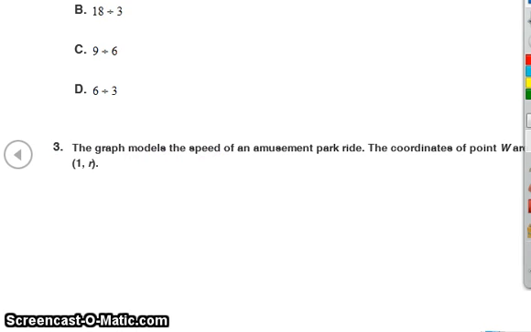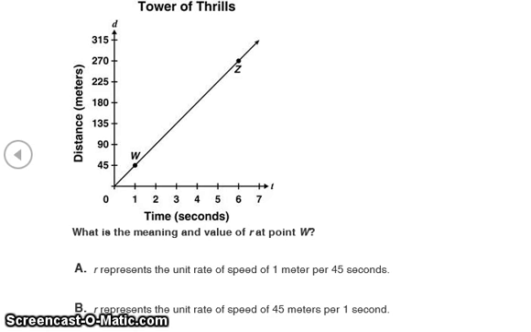The graph number 3 models the speed of an amusement park ride. The coordinates of point W are 1, R. So it's telling us that that is the unit rate. And there's the graph, Tower of Thrills. What is the meaning and value of R at point W?